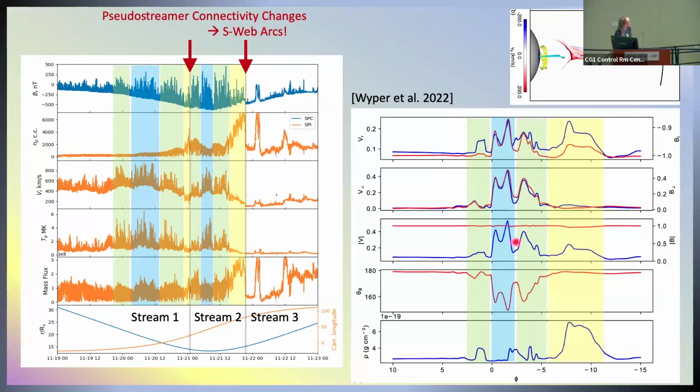And so if you look at the generic simulation results from earlier, you had this density spike offset by a bunch of magnetic fluctuations.